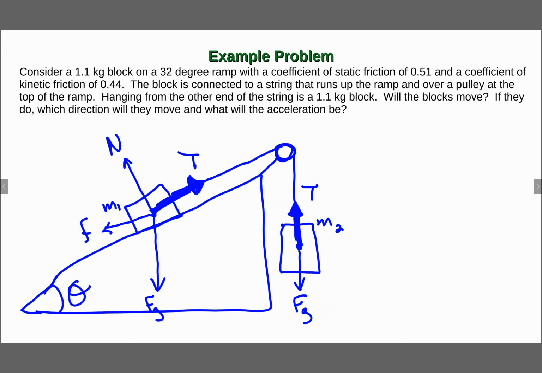Notice that the two blocks have the same mass this time. So in this case, you may not be sure which way this is going to move. We're not sure if this is going to move this way or if it's going to move this way.